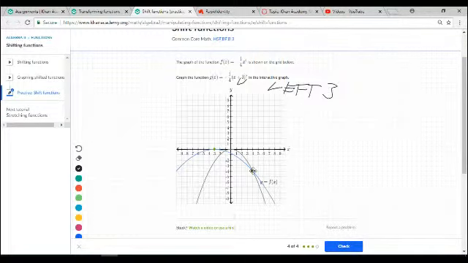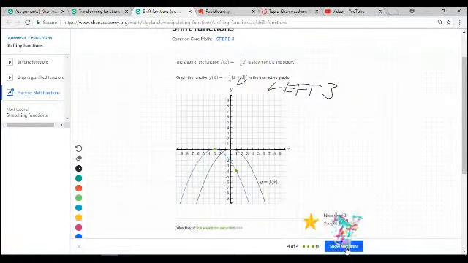And then this value is also going to go 1, 2, 3. So that should look the same. So let's check. Excellent.